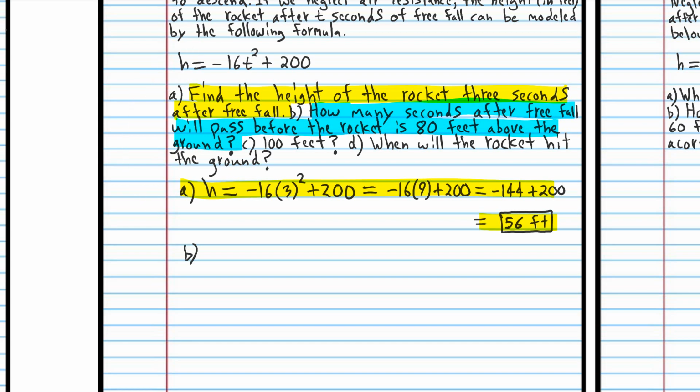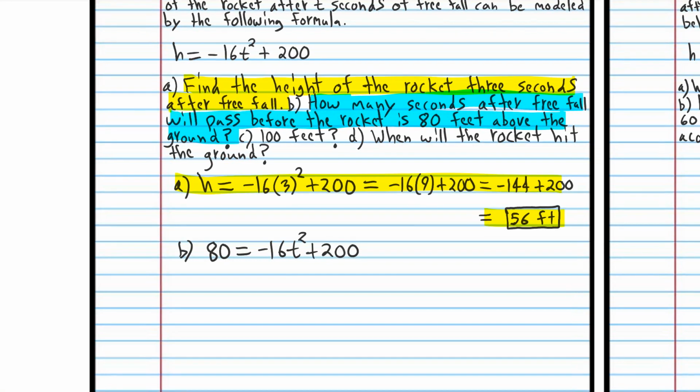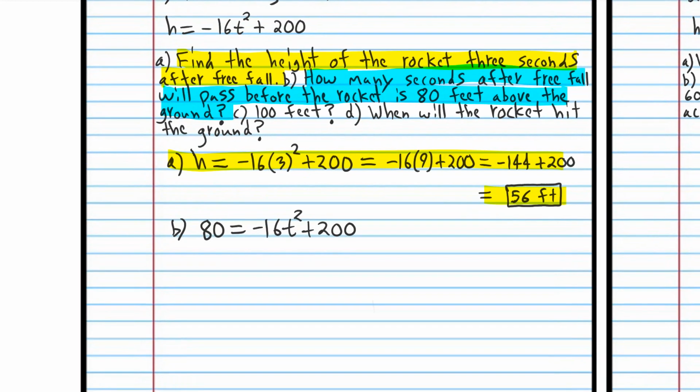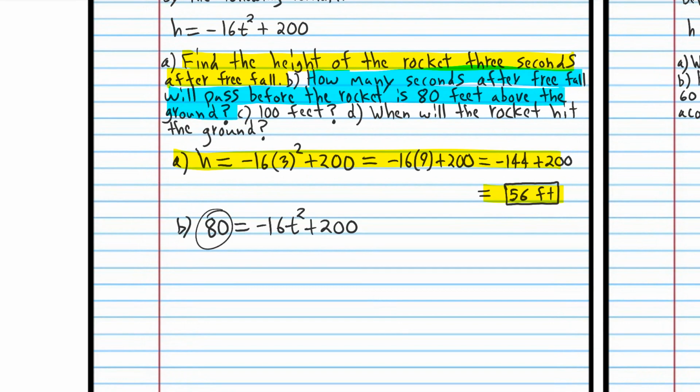We're told that h is 80. So we don't know what t is. We're looking for t, the time that's passed after free fall, when the object is 80 feet above the ground.